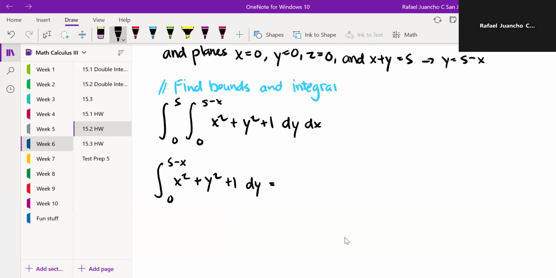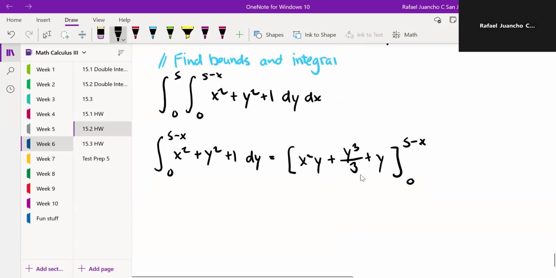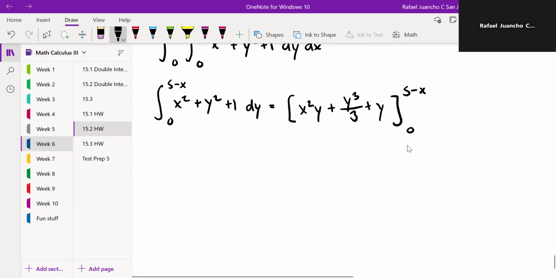Here I say y is a variable. There, so I've just integrated it. And then I say, okay, I'll plug in my 5 minus x to all of these. I don't need to plug in my 0 because it's just going to be 0. So I get something like this.